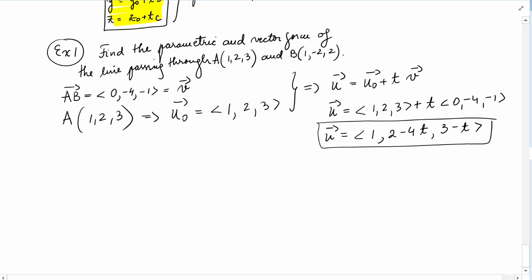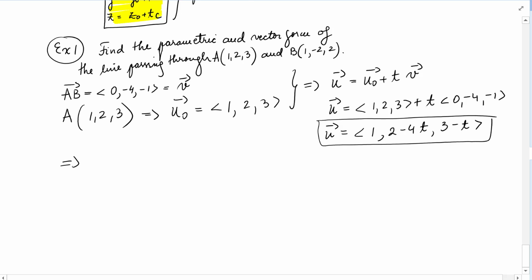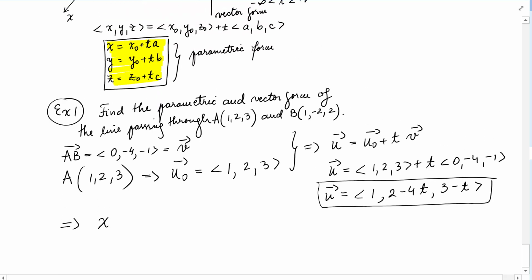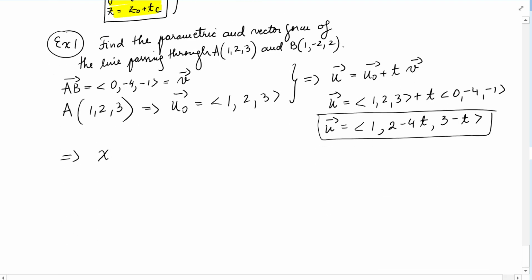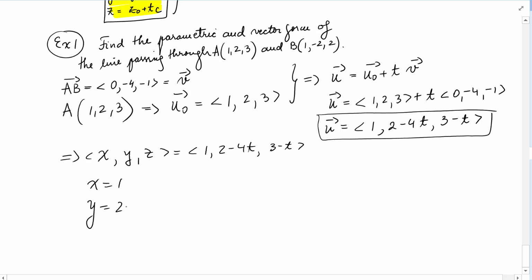And the parametric form would be, because u is x, y, z, right? So x, y, z is equal to 1, 2 minus 4t, 3 minus t. So x equals 1, y equals 2 minus 4t, z equals 3 minus t.